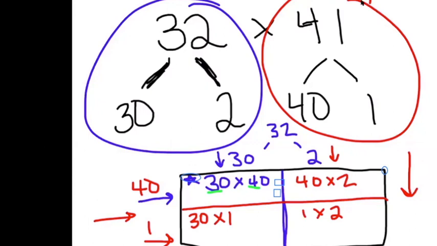Dylan, what is 3 times 4? 12. 12, good job, 12. And then how many zeros do I need to add into that? 2. 2 zeros, right? Here's zero number 1, here's zero number 2. So I'm going to add these to my numbers. So Dylan, what's 30 times 40? 1,200. Good job, okay?